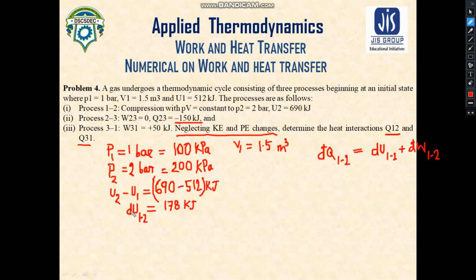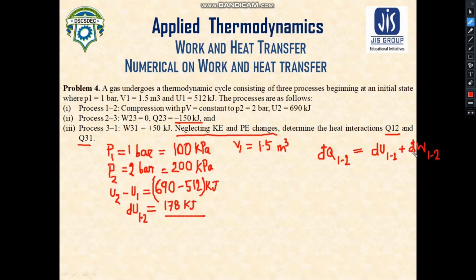I have written down all the data available from this problem. P1 is equal to 1 bar, P2 is equal to 2 bar. I have converted these pressures from bar to kilopascal, and U2 minus U1 I have found as 178 kilojoules, which is dU for 1 to 2. That means for the process 1 to 2, the change of internal energy is 178 kilojoules.